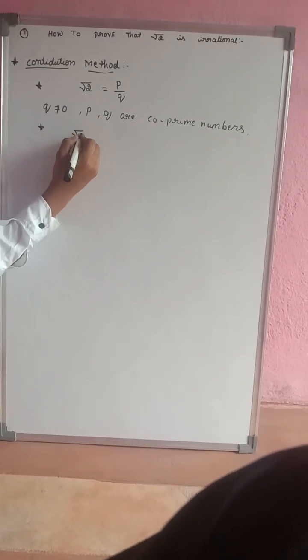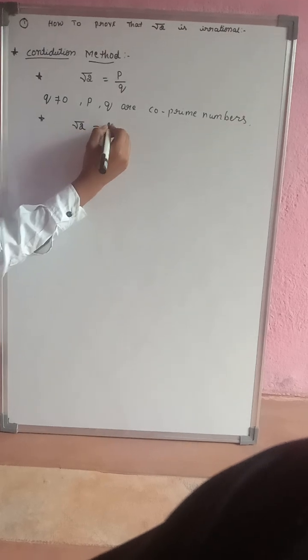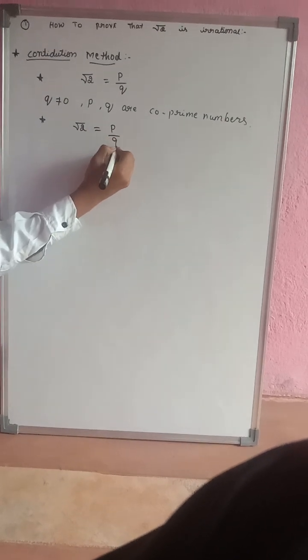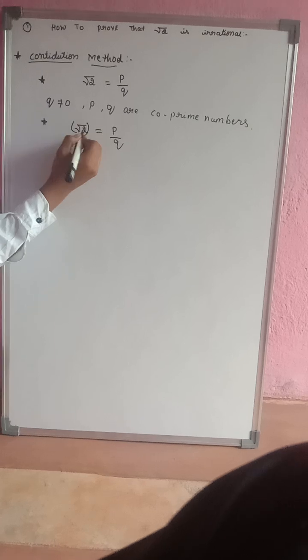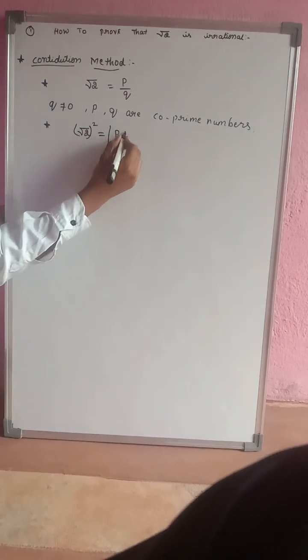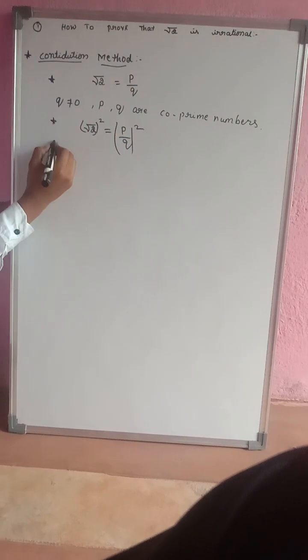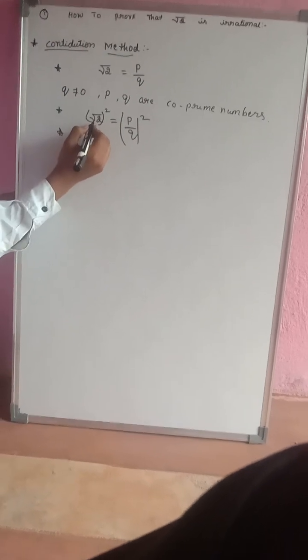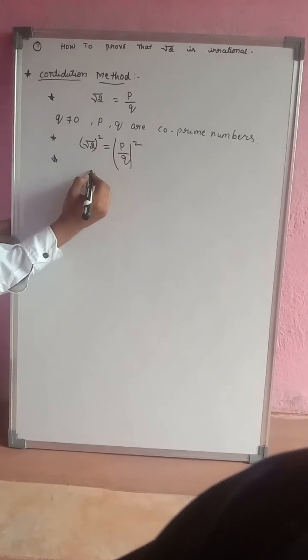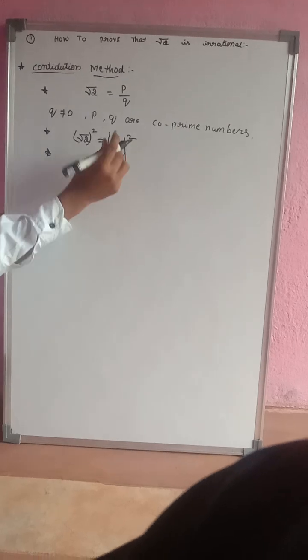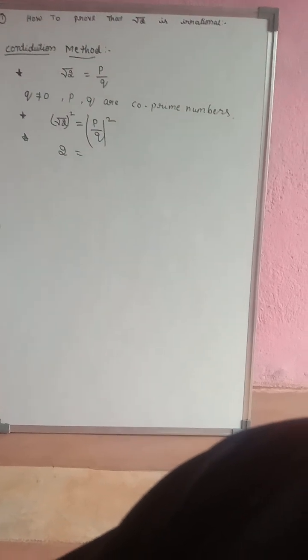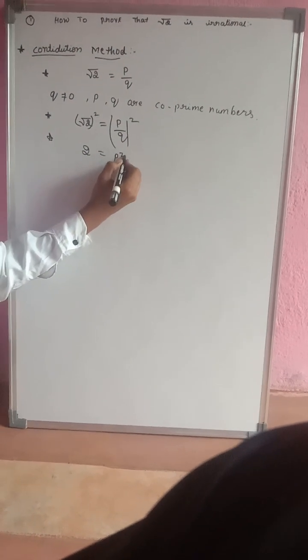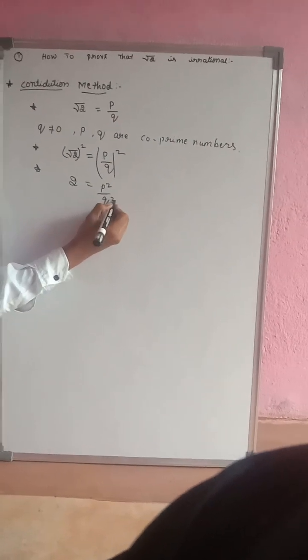At first I write this equation and take the square of both sides. Then the square root of 2 squared is equal to 2, and p by q squared is equal to p square by q square.